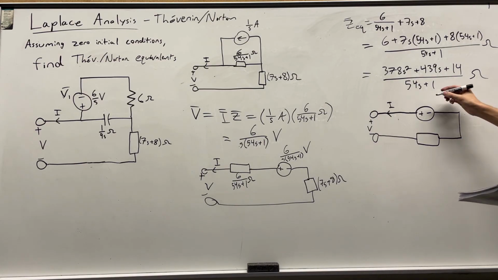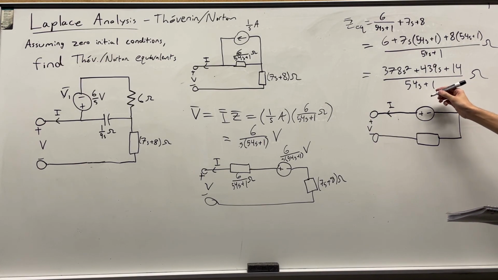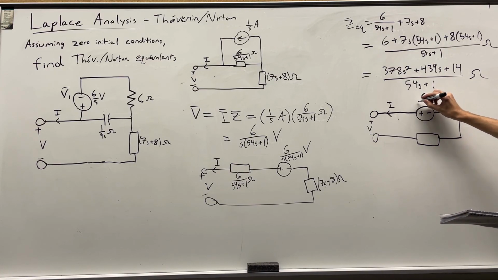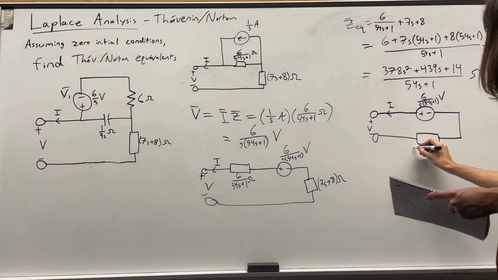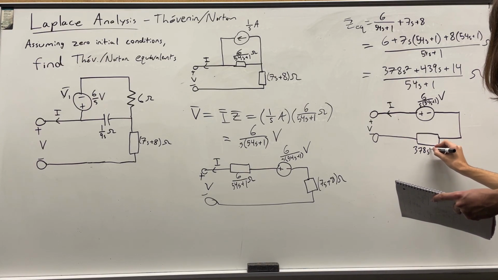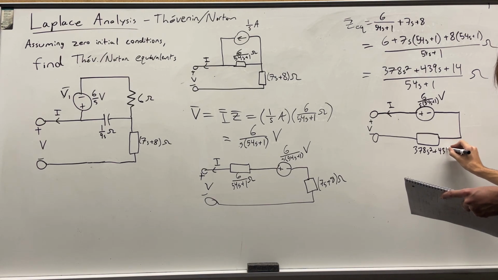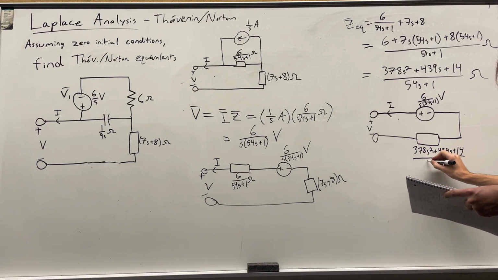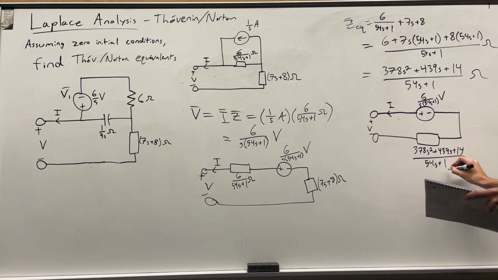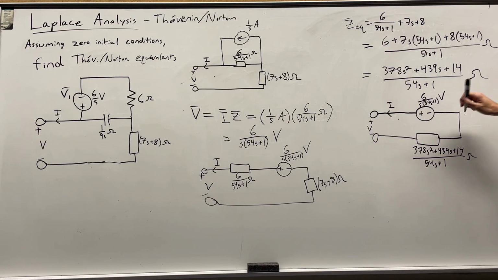So now this is the Thévenin equivalent circuit. So we have our VOC and our Z Thévenin.